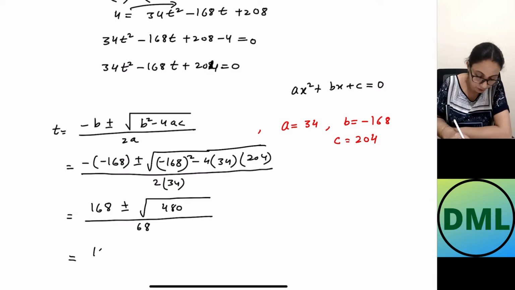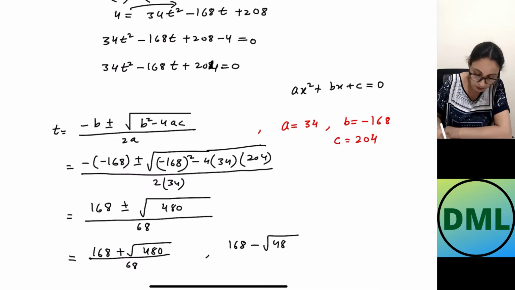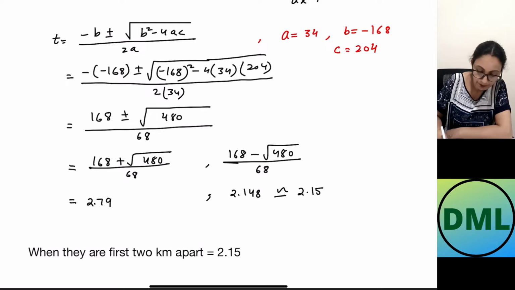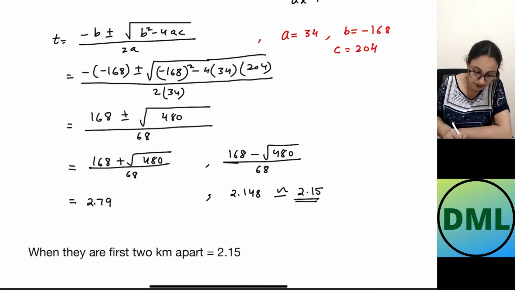It's equal to (168 + root of 480) over 68. My second answer will be (168 - root of 480) over 68. Now if you solve this, your answer will be 2.79. If you solve the second one, your answer will be 2.148, which will be approximately 2.15. Now they ask when they are first 2 kilometers apart from each other, the answer will be 2.15.